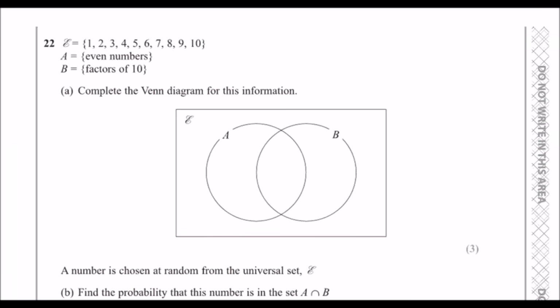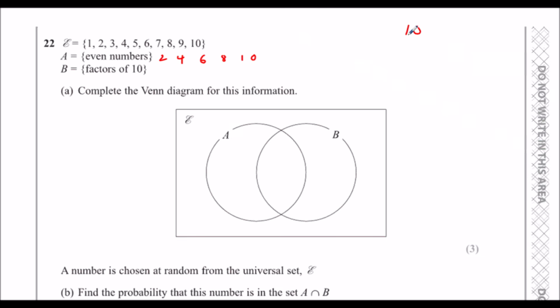Question 22. So we've got our universal set, so all the numbers that are going to go in here are 1, 2, 3, 4, 5, 6, 7, 8, 9, and 10. And A is all the even numbers. So that's 2, 4, 6, 8, and 10. B is all the factors of 10.